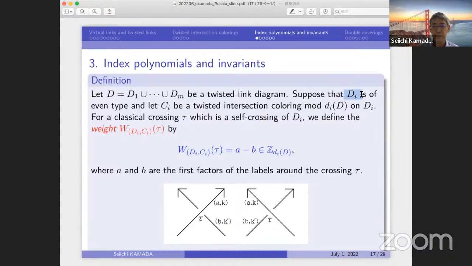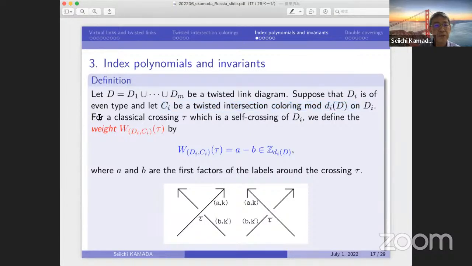So we are assuming Di is of even type. So we have a non-negative integer d_Di, and Di always has a twisted intersection coloring modulo d_Di by the proposition which I claimed before. Okay, so there always exists an intersection coloring. And let Ci be such a coloring.